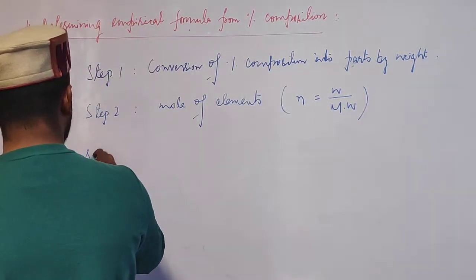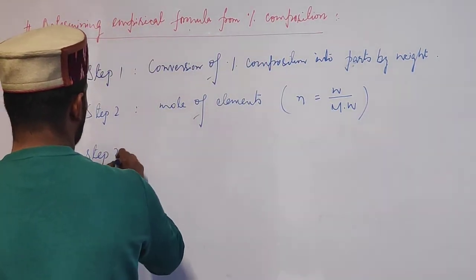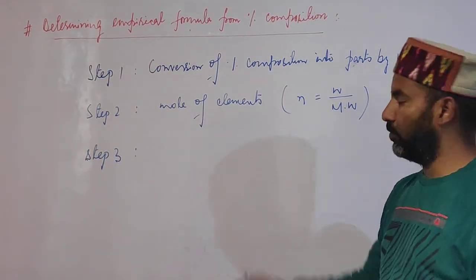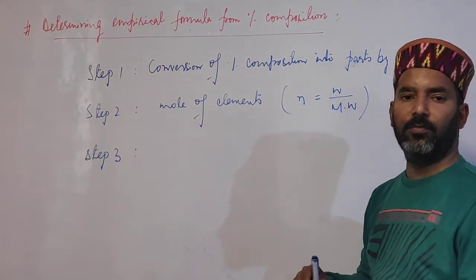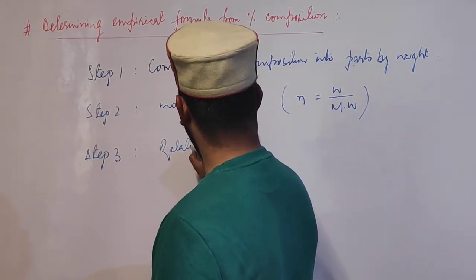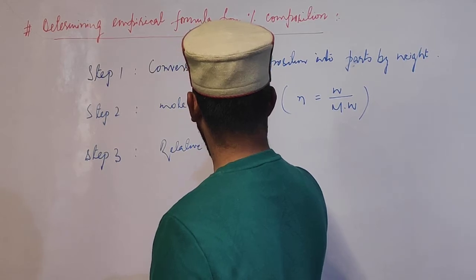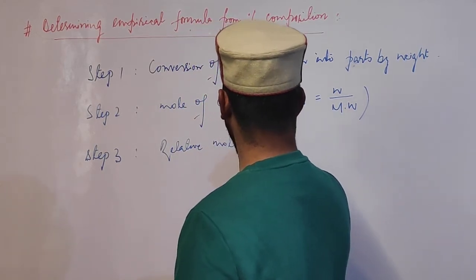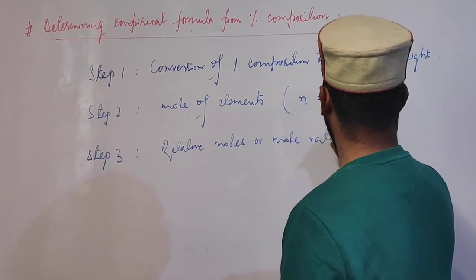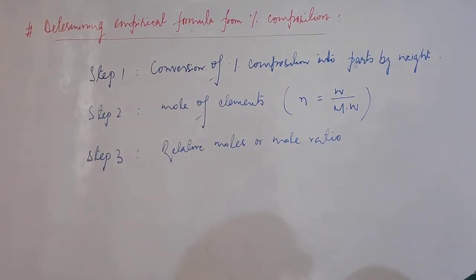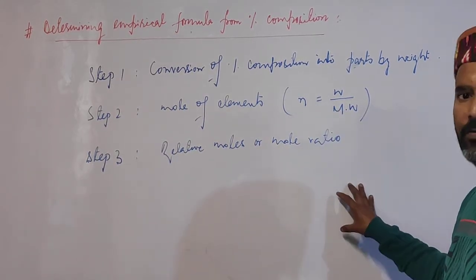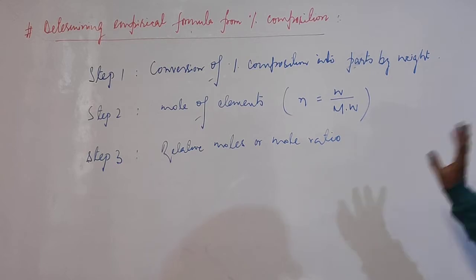Now in step 3, after finding moles of elements, now we find relative moles. So that means we find relative moles, or we say we find mole ratio. उसके लिए क्या करना पड़ेगा? जो आपके मोल्स आए हैं उनमें से जो स्मॉलेस्ट वैल्यू है उसको सबसे डिवाइड कर देंगे.